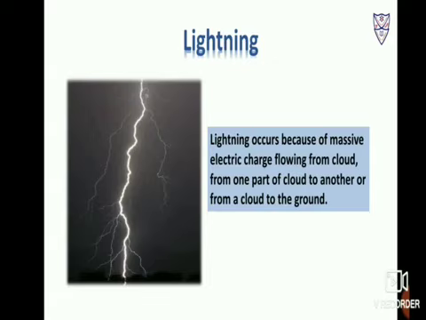Lightning occurs because of massive electric charge. Massive means in large quantity. It happens when electric charge is flowing from one part of the cloud to another part of the cloud, or from a cloud to the ground. To understand how this happens, let us first learn about electric charge.